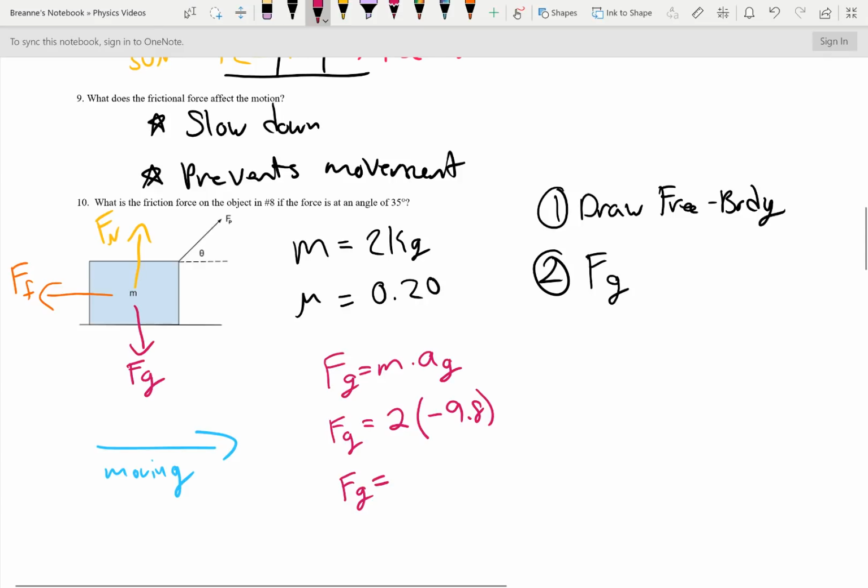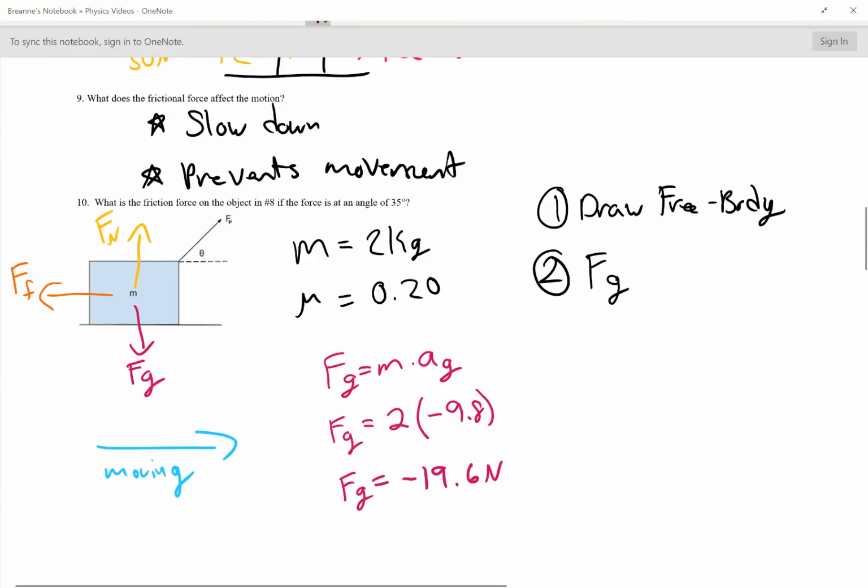So you do 2 times negative 9.8, and you get negative 19.6, so 19.6 newtons as your force of gravity. Now remember, that negative just means it's going down.